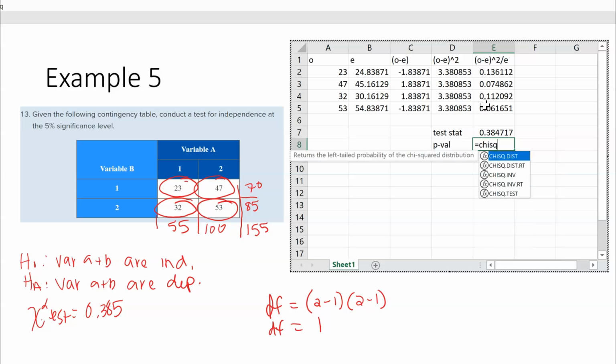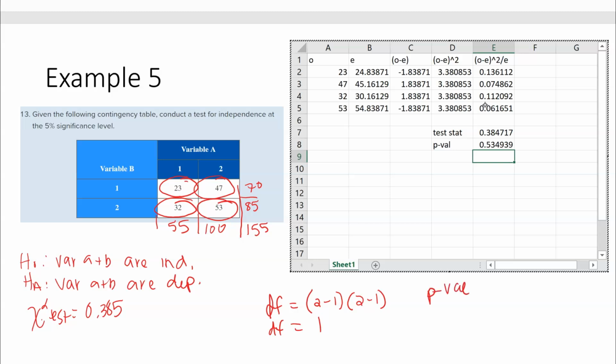So we do chi-squared dist with 0.3851, and our p-value is about 0.5349. We're asking at the 5% significance level, so how does that compare to 0.05?